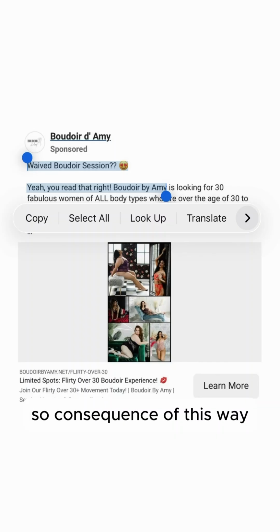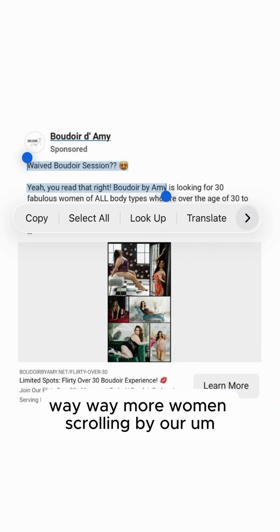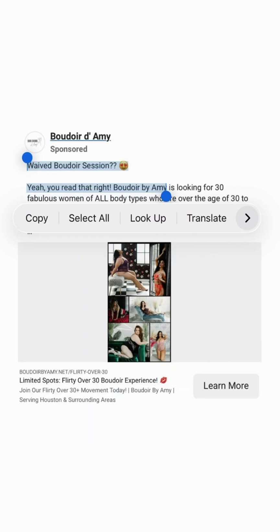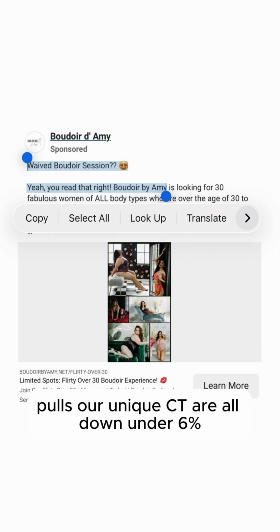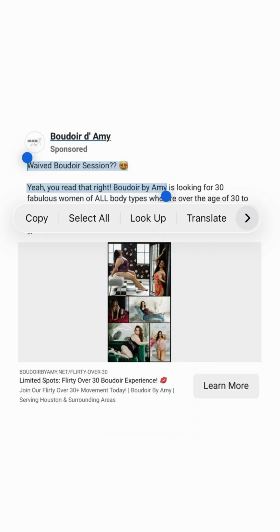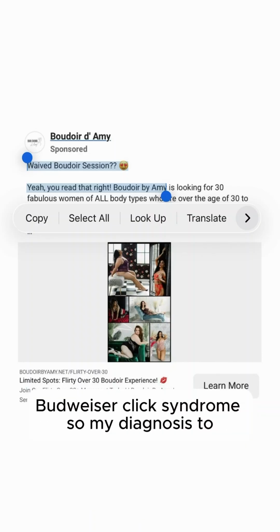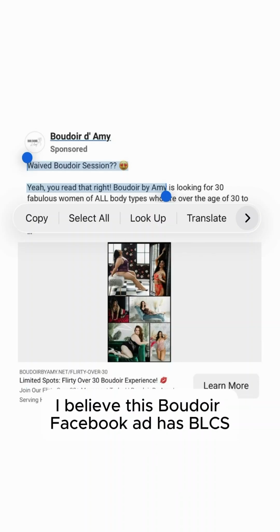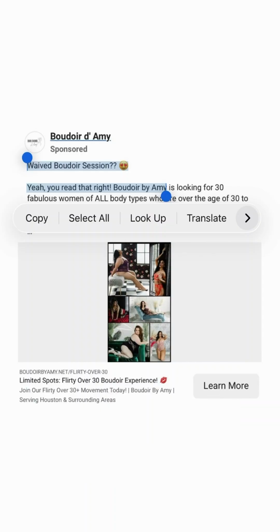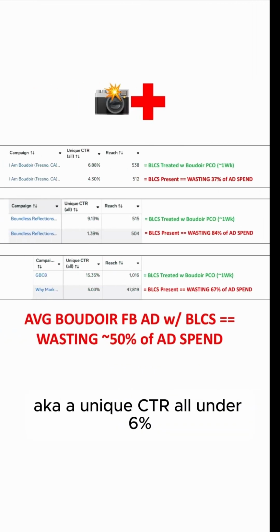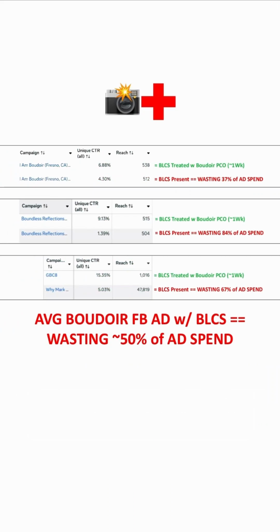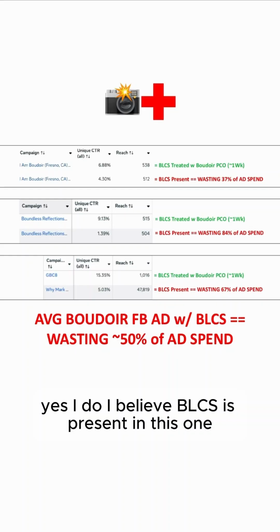So the consequence of this is way more women scrolling by our boudoir Facebook ad than necessary, and as a result it pulls our unique CTR down under 6% and contributes to BLCS, boudoir low click syndrome. So my diagnosis: do I believe this boudoir Facebook ad has BLCS, boudoir low click syndrome, aka a unique CTR under 6%? Yes, I do. I believe BLCS is present in this one.